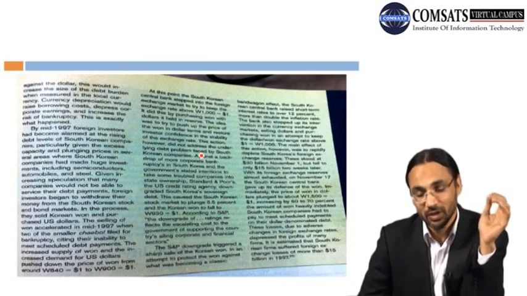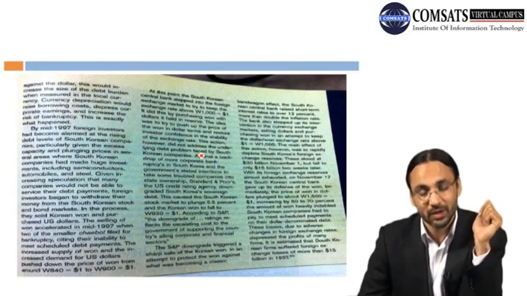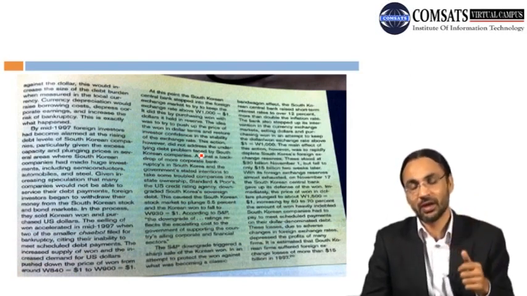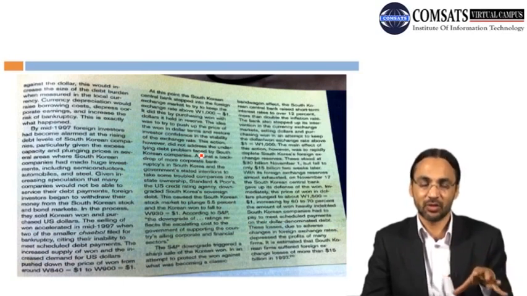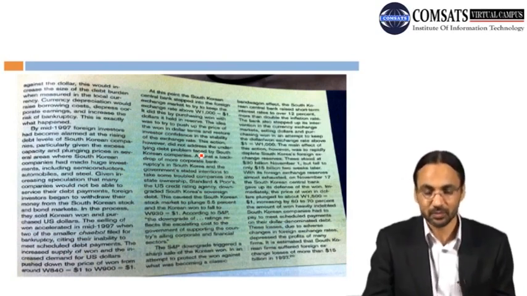This scenario escalated in the later months, and then the World Bank, in fact the IMF, had to jump into the South Korean situation. They gave a bailout package to South Korea, and they survived the bankruptcy.